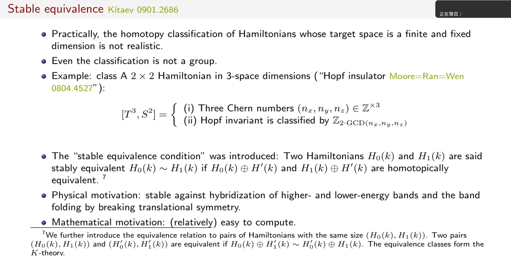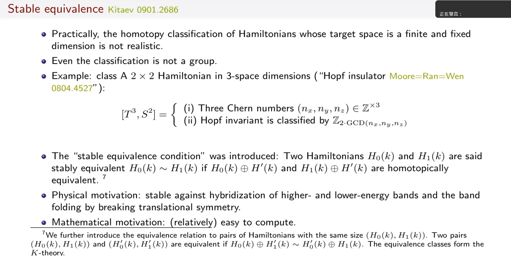But this Hopf invariant takes values in Z_2 times the greatest common divisor of nx, ny, and nz. Very complicated. So you can see this is not a group. Anyway, it's super complicated, so it is not realistic to solve.